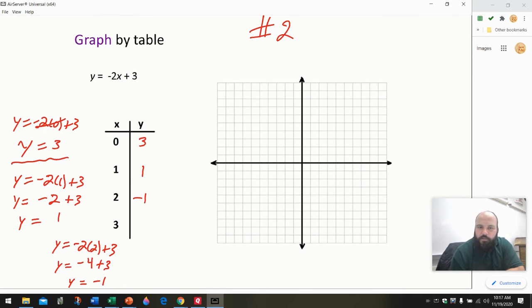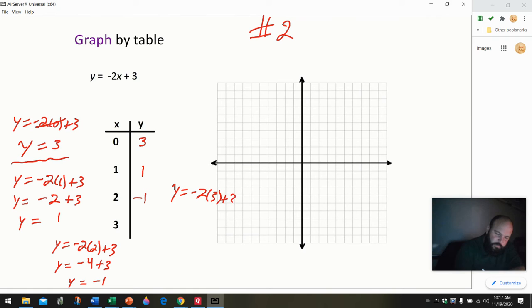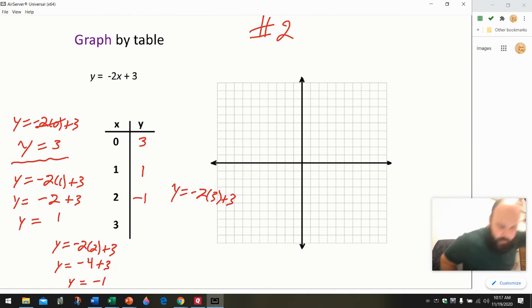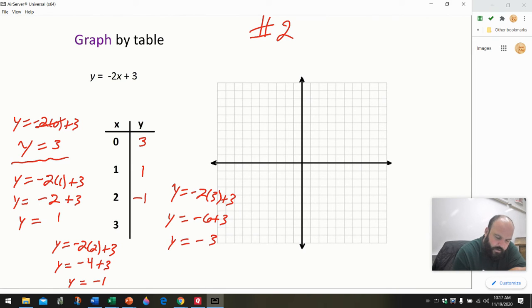So I got y equals negative 1, and I put negative 1 in the table. The last one we need to do is y equals negative 2 times 3 plus 3. So I get y equals negative 6 plus 3, and negative 6 plus 3 is negative 3. Then I fill in negative 3 on my table.